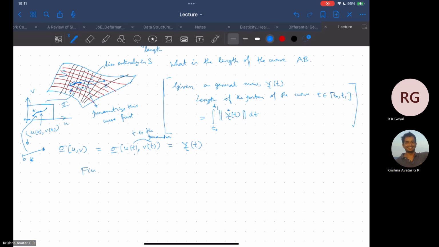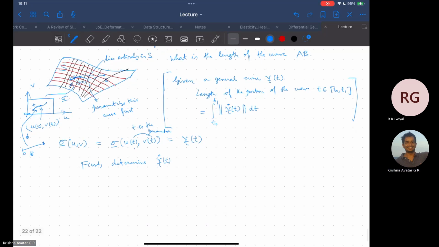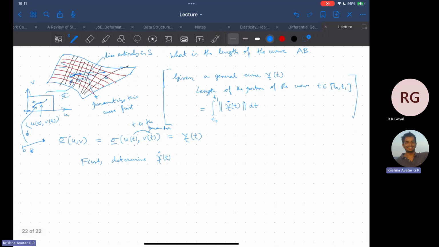First, determine its tangent vector. Determine gamma dot. So gamma dot we have to determine. Then we have to use the chain rule. So we'll have sigma_u dot du by dt plus sigma_v dot dv by dt.